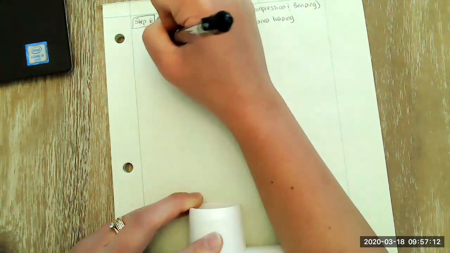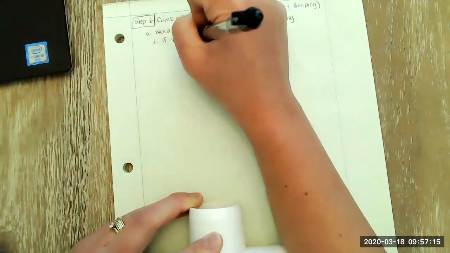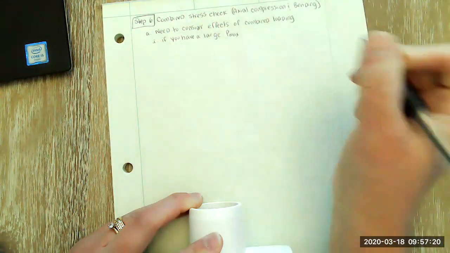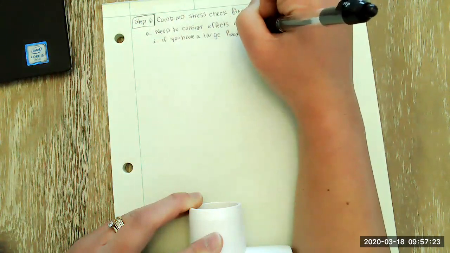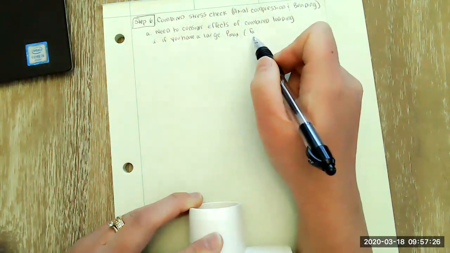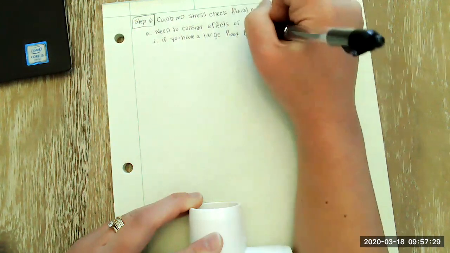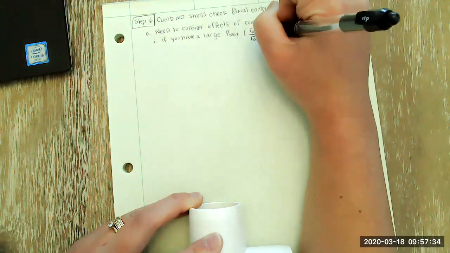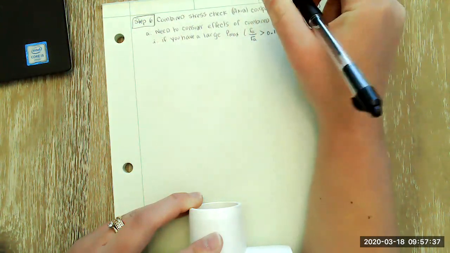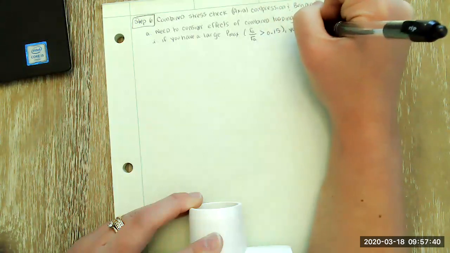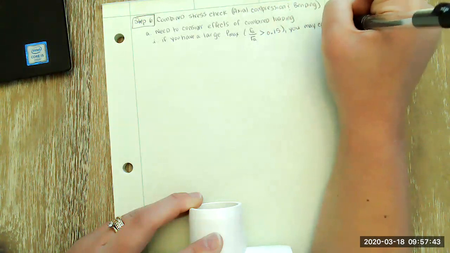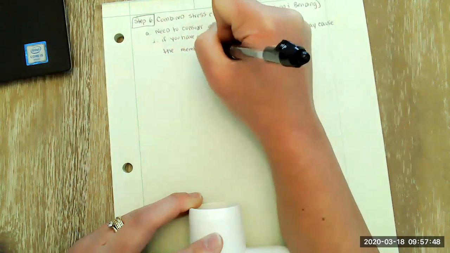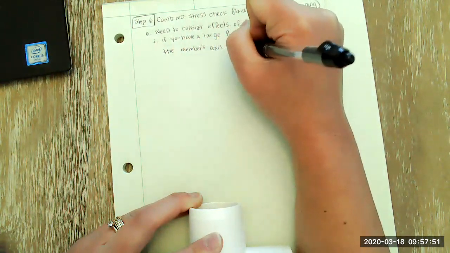So if you have a large compressive load, so a large P max, or another way to say this, if your actual axial stress divided by your allowable is greater than 0.15, you may cause the member's axis to deviate from its line of action.